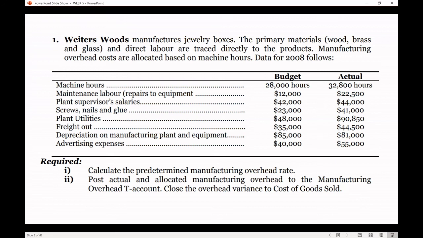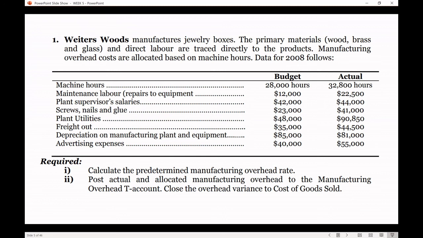So here, for this business, they're saying manufacturing overhead costs are driven by, allocated on the basis of, machine hours. So as machine hours go up, your manufacturing overhead costs will go up, right? So our cost driver here, and it's important to note your cost drivers in these types of questions.